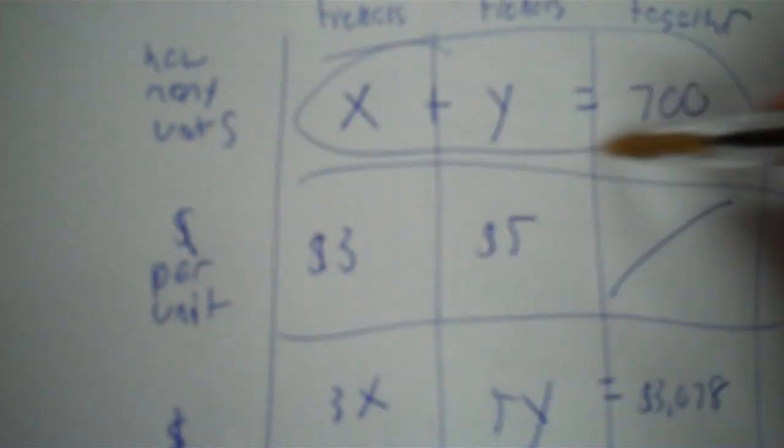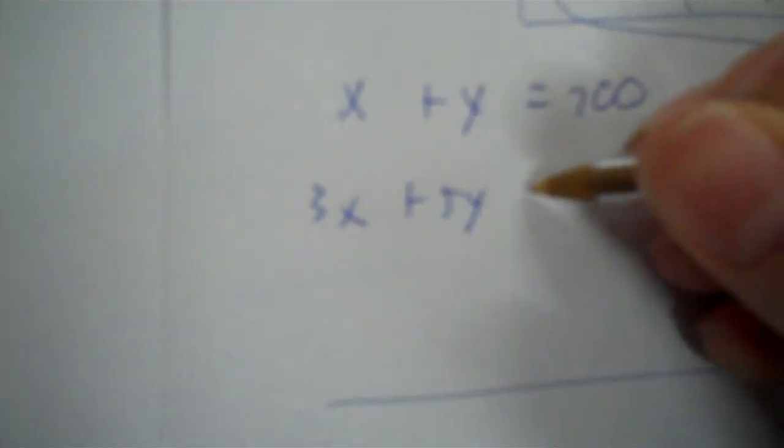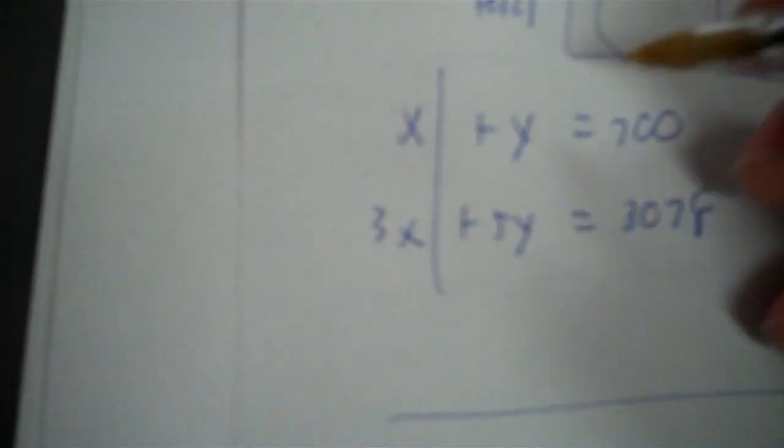Now we have our two equations, up here and down here. So I stack those up. So you have X plus Y equals 700, and then 3X plus 5Y equals 3,078. Okay, I would employ the elimination method. So I multiply by 3 and by 1.